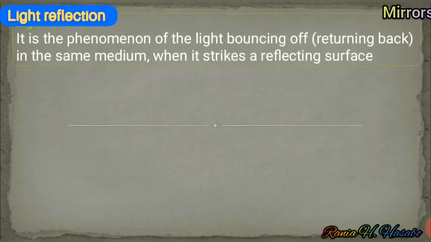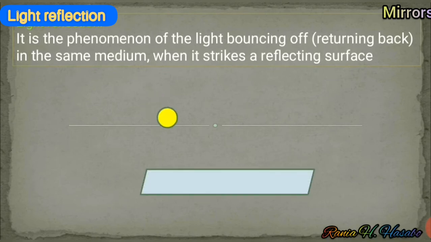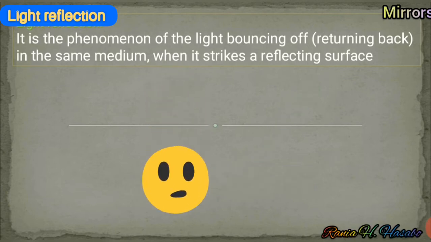Light reflection is the phenomenon of the light bouncing off or returning back in the same medium when it strikes a reflecting surface, as a ball bounces or returns back when it strikes the floor.